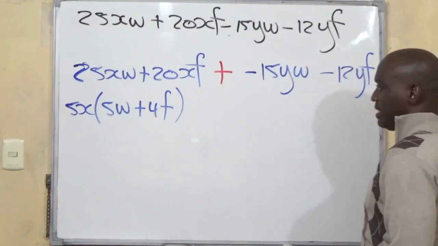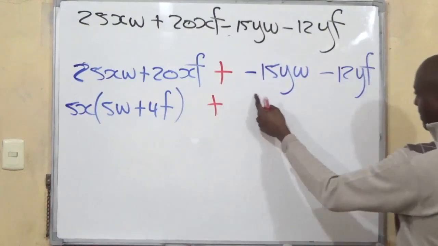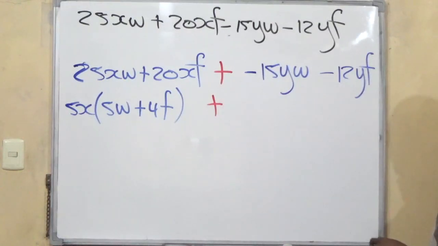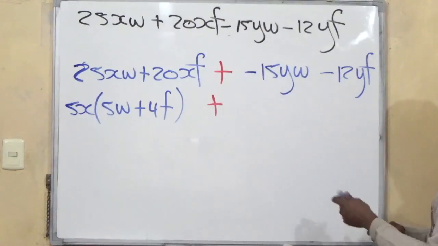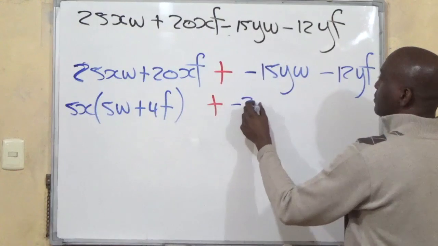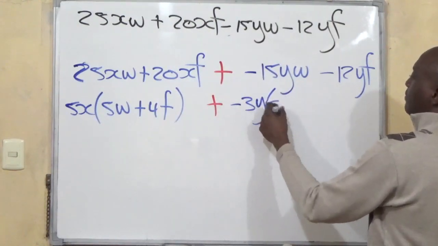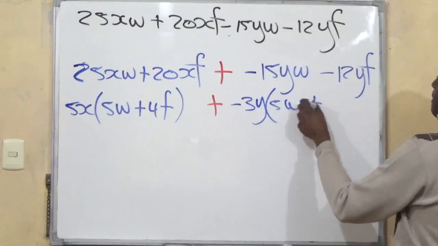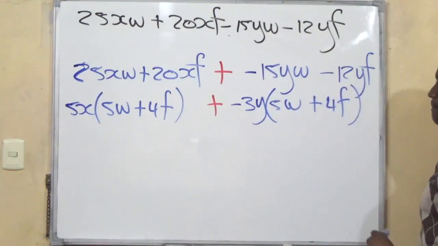And if you treat this as a plus sign, and you try to factorize this now, you realize that you have minus 3y into 5w plus 4f. You see?